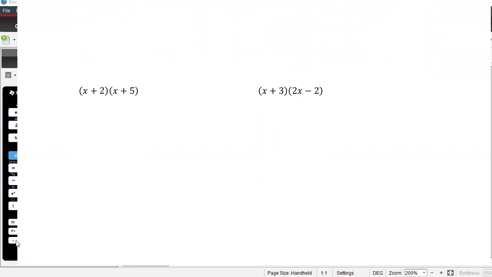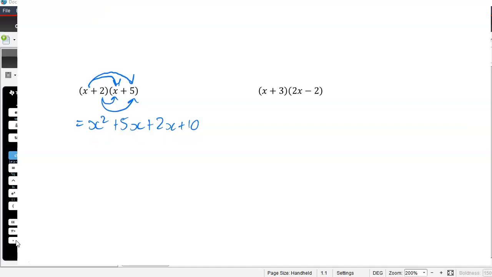Okay, let's look at this next one. I've got x times x, then x times 5. So that's x times x is x squared, x times 5 is 5x, then 2 times x is 2x, 2 times 5 is 10.